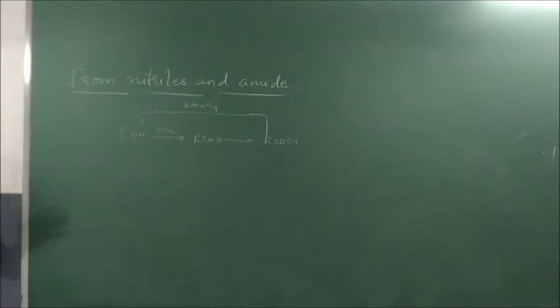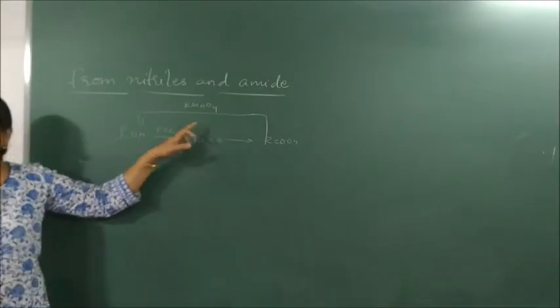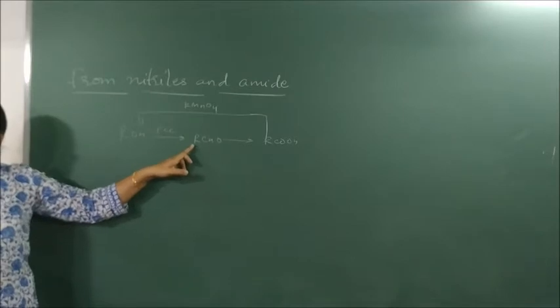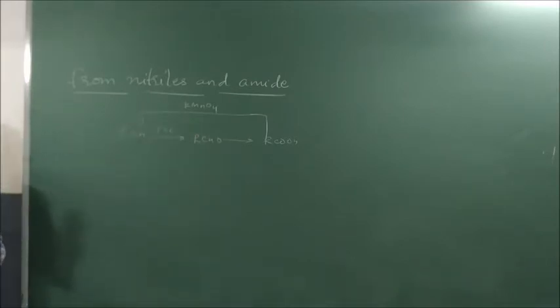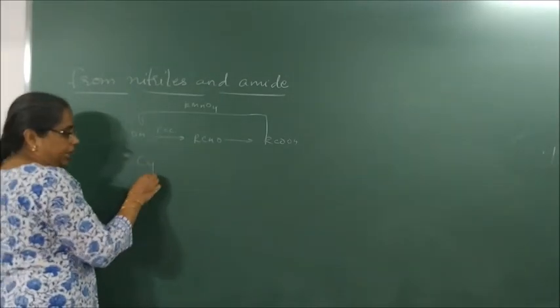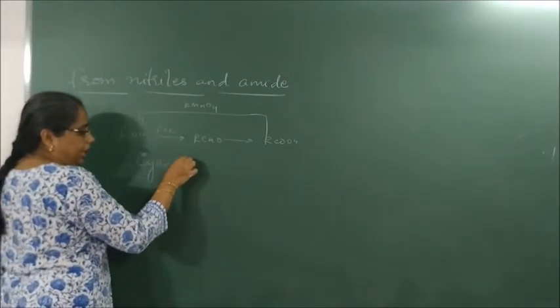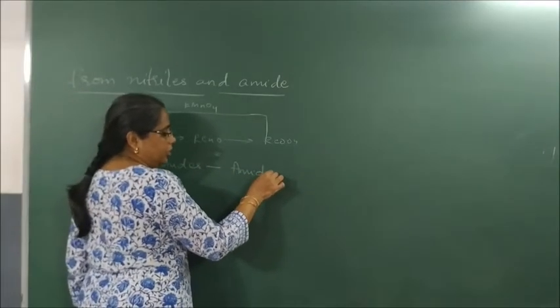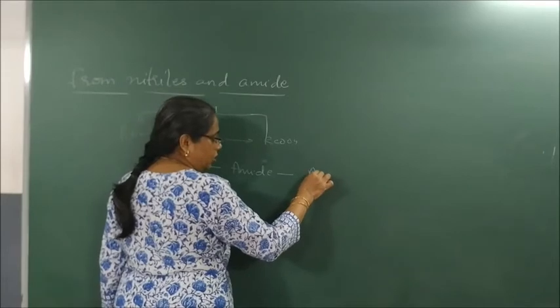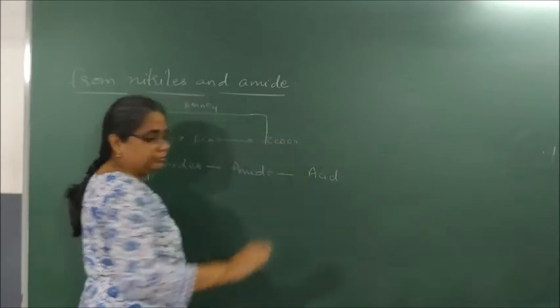The second concept we learned is that acids on reduction give aldehyde and primary alcohol. Now the third concept for conversion we should remember is that cyanides or nitriles on hydrolysis will first give amide, which on hydrolysis will give acid.